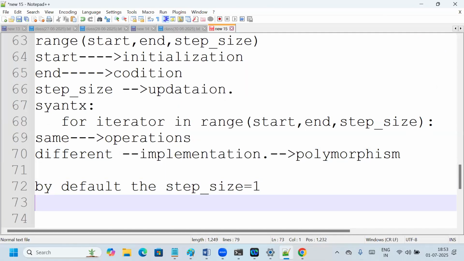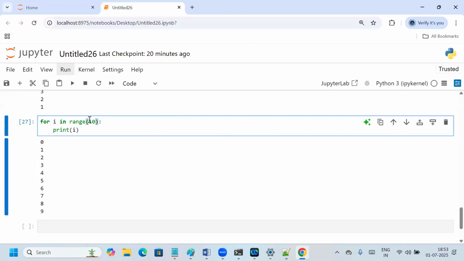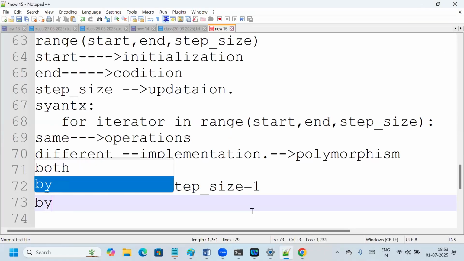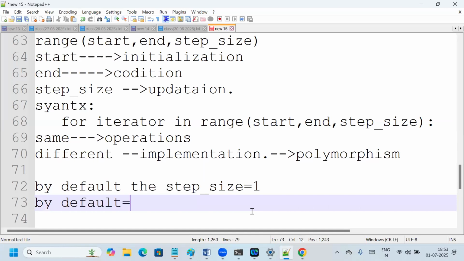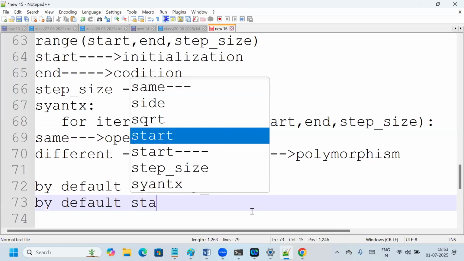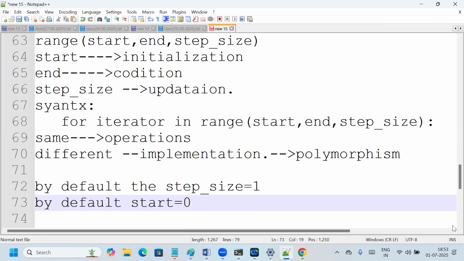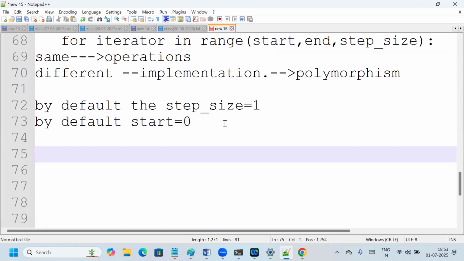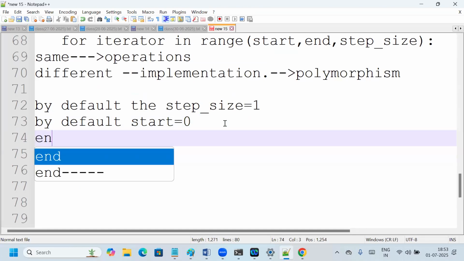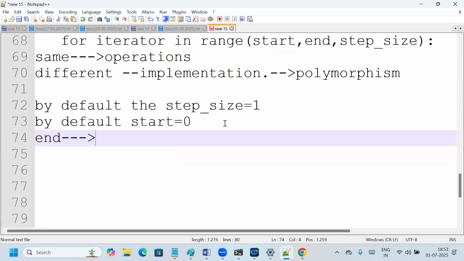Fine. So guys, here I didn't specify the start. So by default, start will be considered as 0. If you're not specifying the start, by default start will be 0. And what about end? End is mandatory, guys.